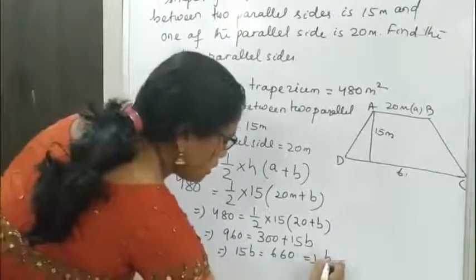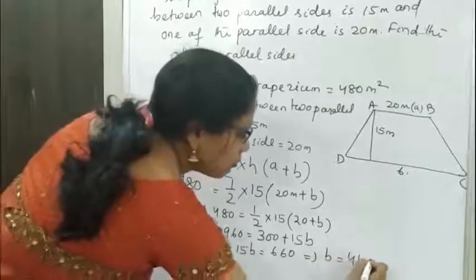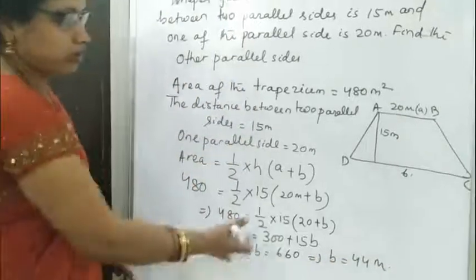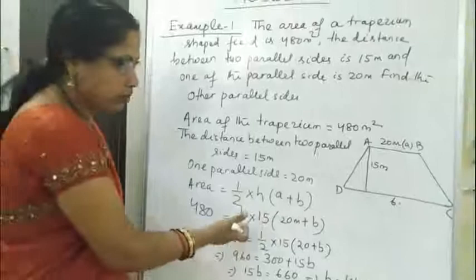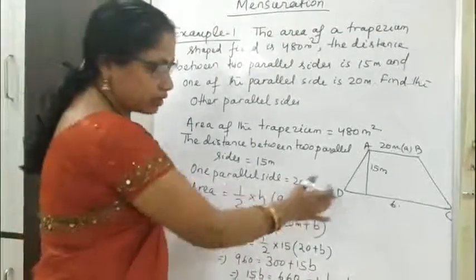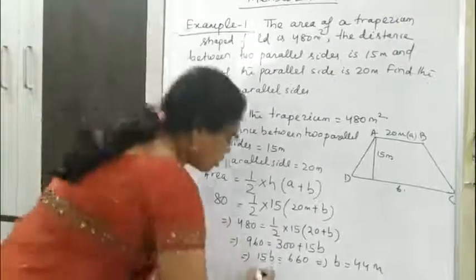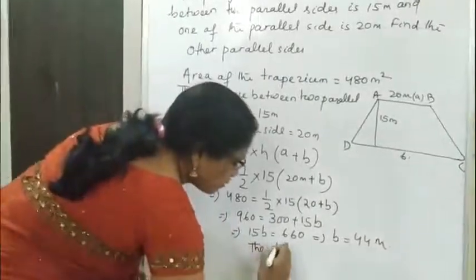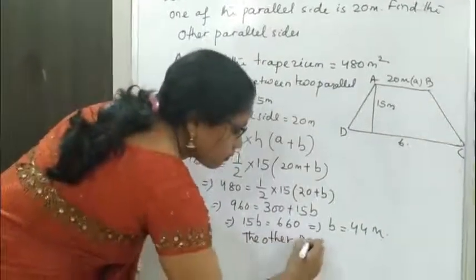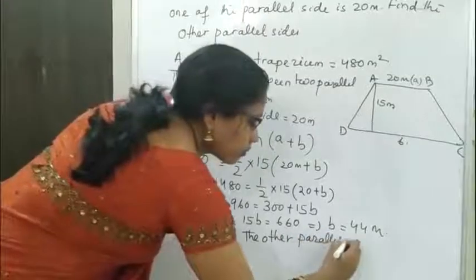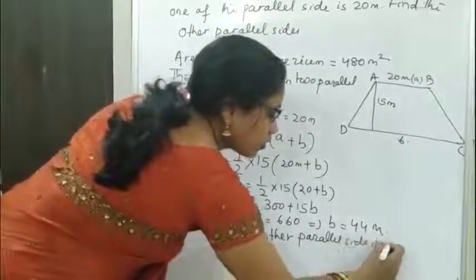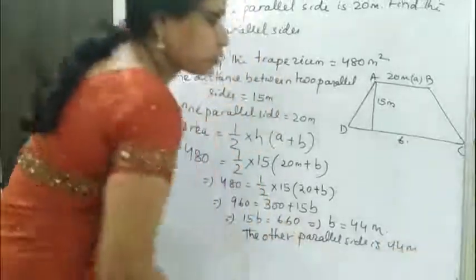So this implies B is equal to 44 meter. So by using this formula we have found that the other parallel side is 44 meter. So this is the answer.